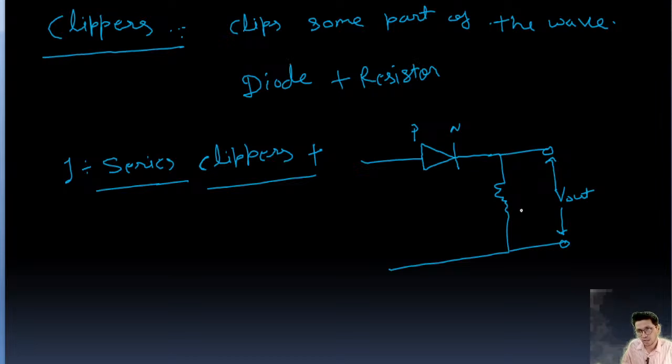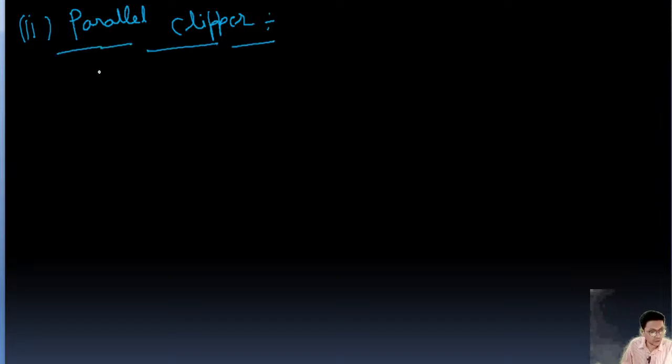So this is the series clipper, and now the parallel clipper. In the parallel clipper, the figure will be like this. There would be a resistance at this place, and there you will get the diode. The position of the diode and resistance will get changed.